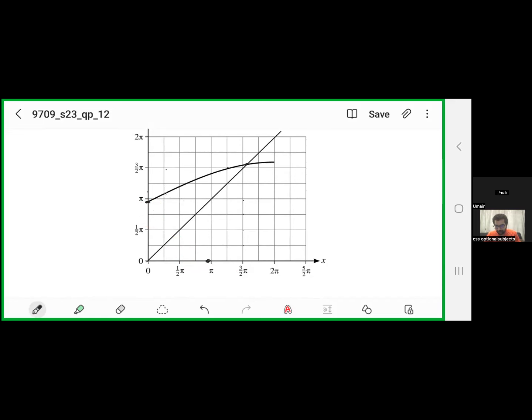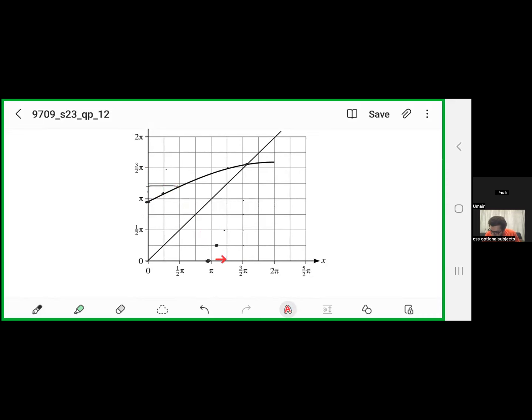Similarly, we can plot the corresponding values. This value will become over here. I'm just trying to correlate the values. Then this value of y, which is almost over here, just below this one, is over here. This is y more than pi, 3 pi by 2.